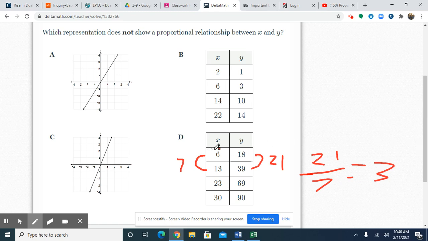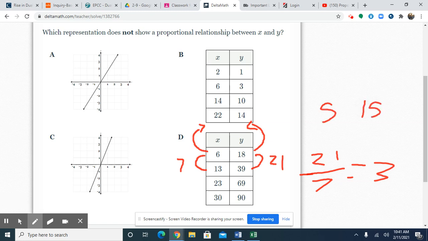So we need to decide. Go all the way back to 0. And so we need to complete the table and say, okay, if I subtract 1, that means I have to subtract 3.